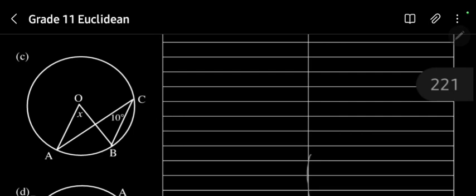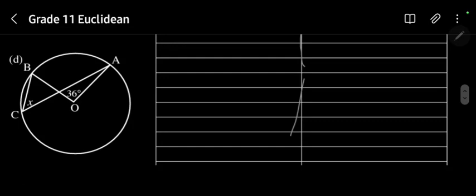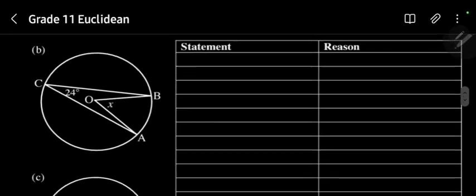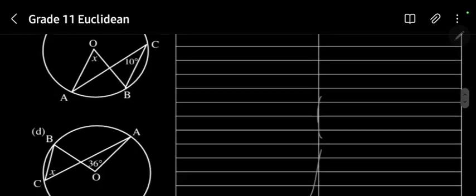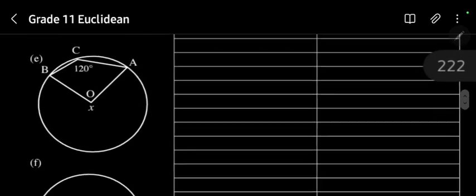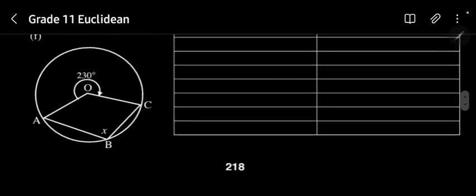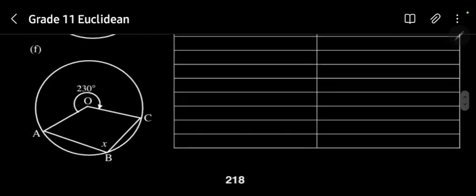Okay, this is D. Screenshot. And then these are repeating. This is E. Take the screenshot of E, followed by F. Take the screenshot.